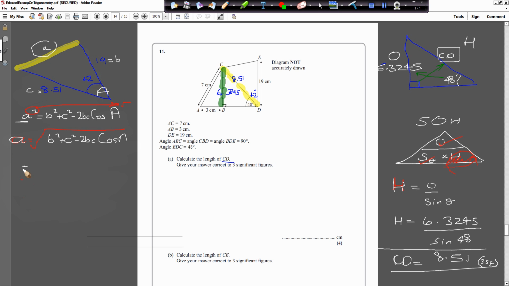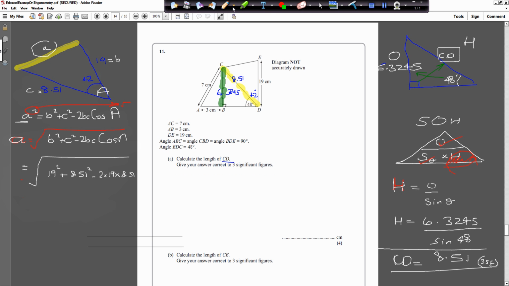Let's put the values in, folks. Let's go for it. So what's B? B value is 19. So we do 19 squared, and then we add to that 8.51 squared. And then minus 2 times the B value, which is 19, times the C value, which is 8.51.